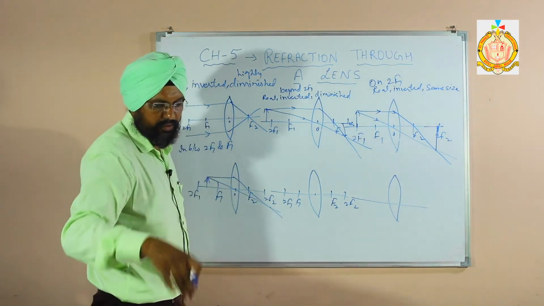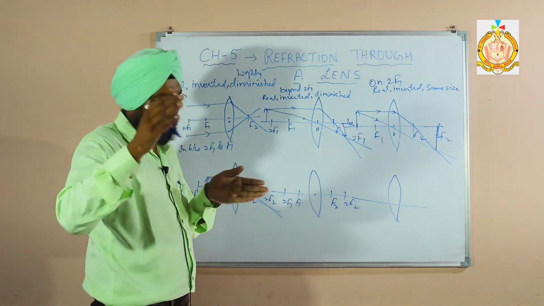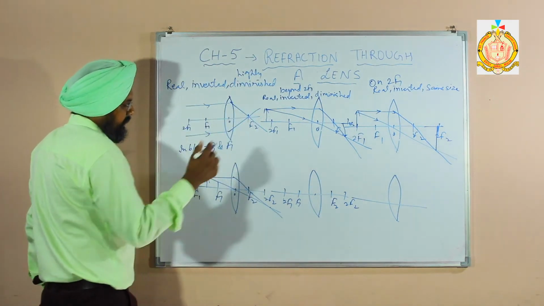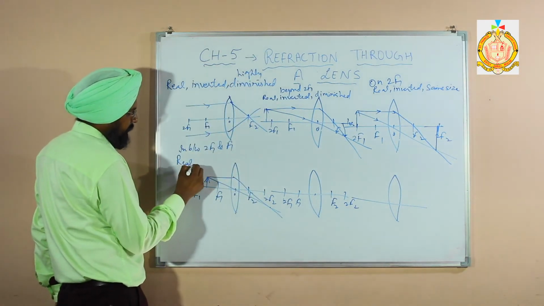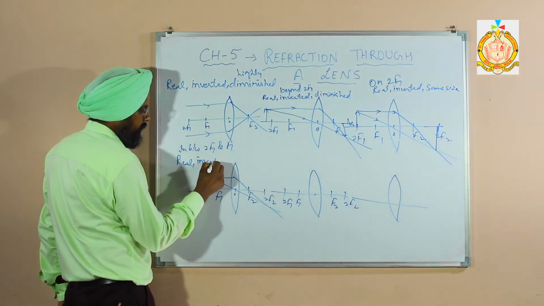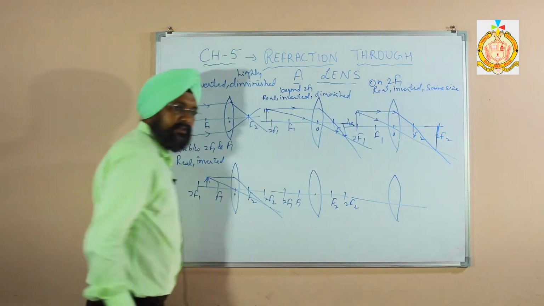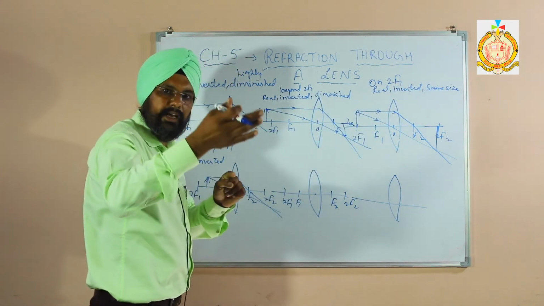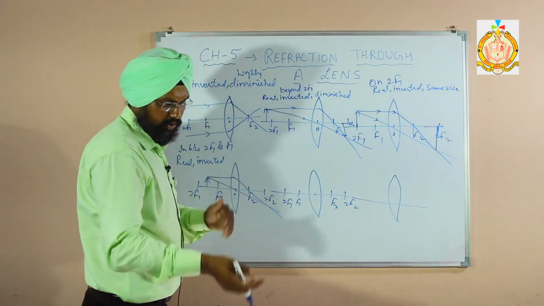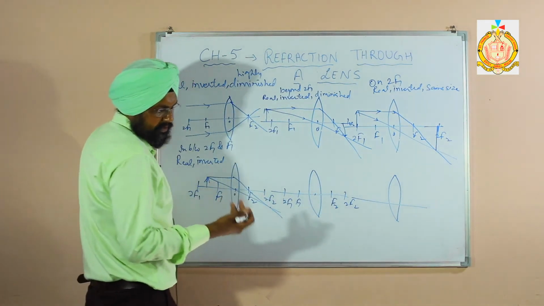If it goes beyond 2f2, the characteristics change a little bit. Now the characteristics are real, inverted, and before that it was diminished, then same size, now it is going to be enlarged. Enlarged means big size, or we can say it is magnified.